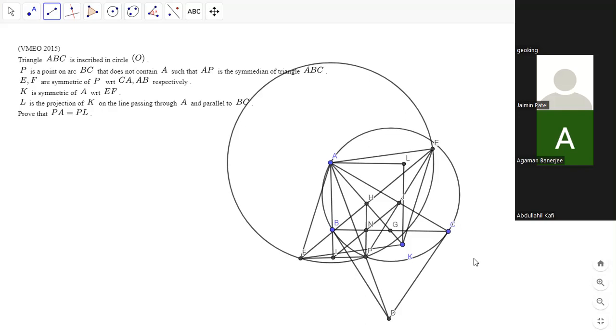That is pretty obvious, since K is the reflection of A over line EF. And because the angle ALK is 90 degrees, we have that HL equals HA equals HK. And so then that solves it.